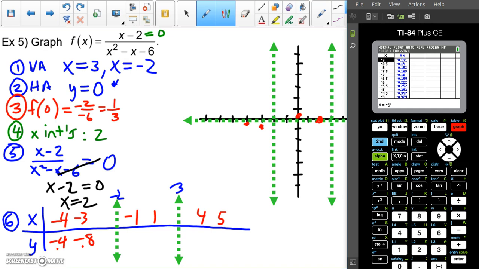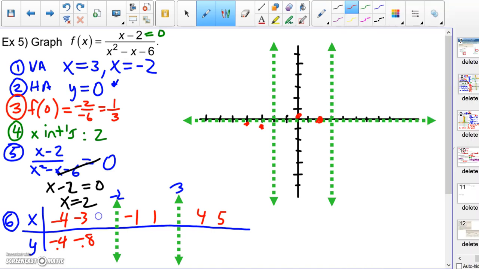So if you wanted to know, say, -2.5, you can go down here to -2.5, and see, -2.5 is about -1.6. So -2.5, -1.6. Okay, we can see what this is going to look like right here.